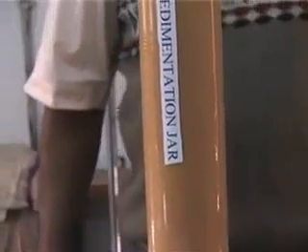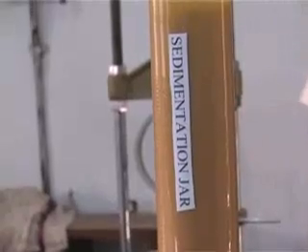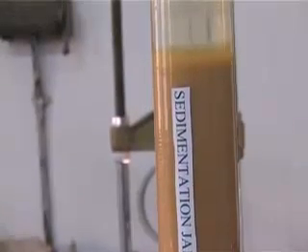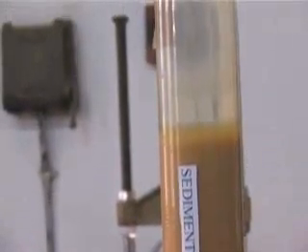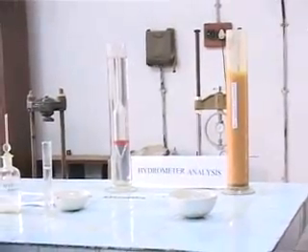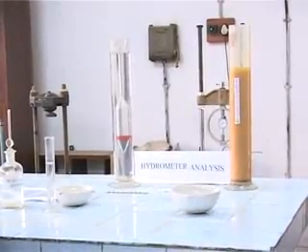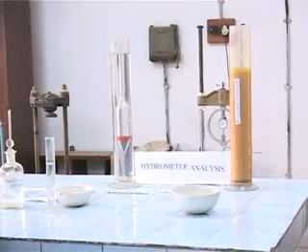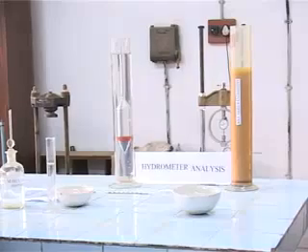Okay, so we mix up a slurry involving approximately 50 grams of soil and a substantial amount of water to make a slurry of 1 liter, and that includes about 20 ml of dispersing agent as I just mentioned.